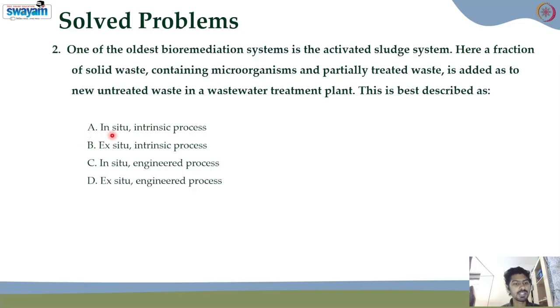Option A, in situ intrinsic process. Option B, ex situ intrinsic process. Option C, in situ engineered process. Option D, ex situ engineered process. So among these, which best suits the above process.